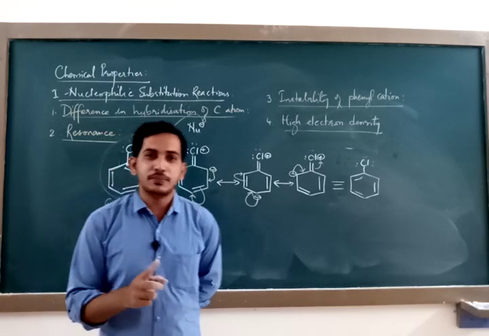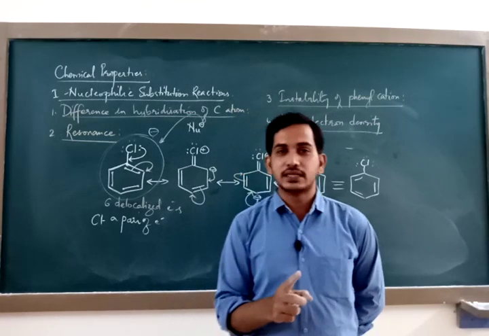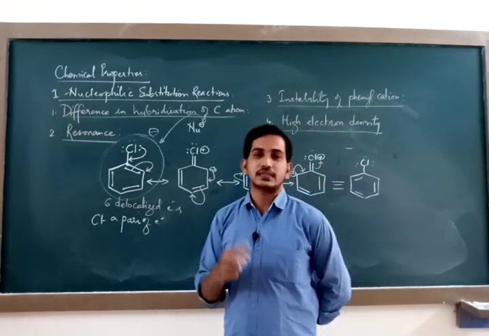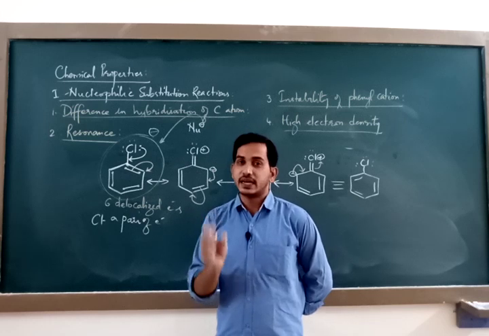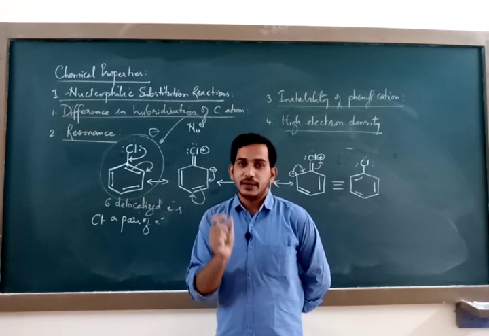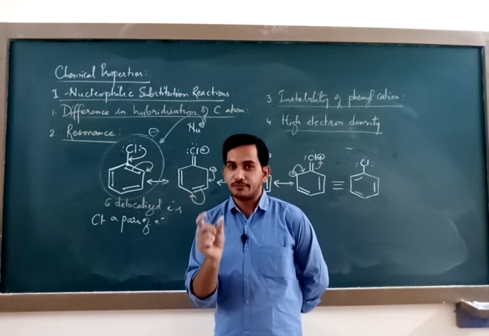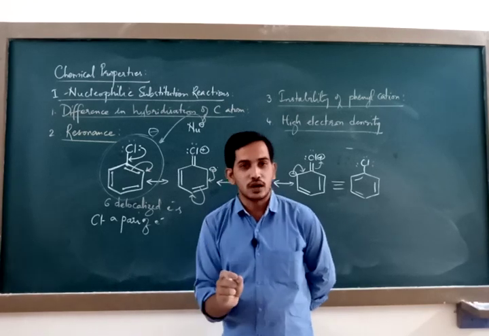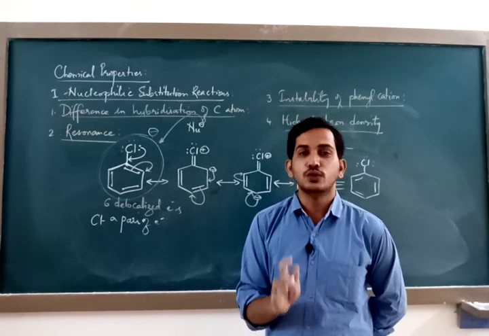Haloarenes have sp2 hybridized carbon atom to which halogen is attached. Because it is sp2 hybridized carbon, the percentage of s character is high. Because of high percentage of s character, the electronegativity of that atom is higher, making the carbon pull the electrons of halogens towards itself, making the bond shorter. A shorter bond is less susceptible to getting attacked by a nucleophile.